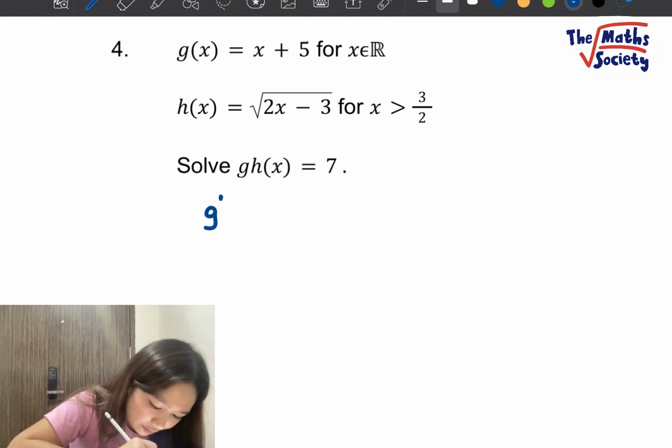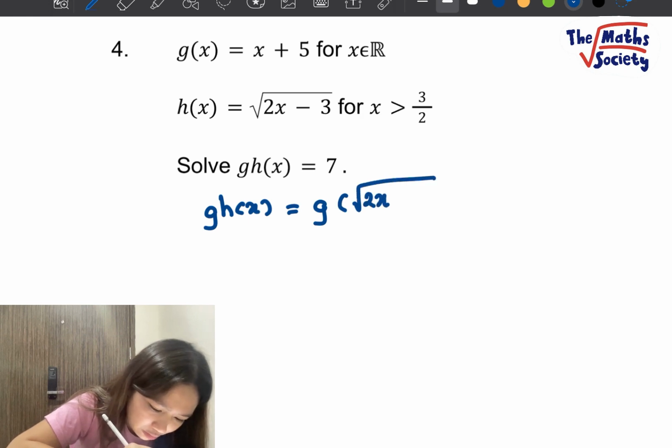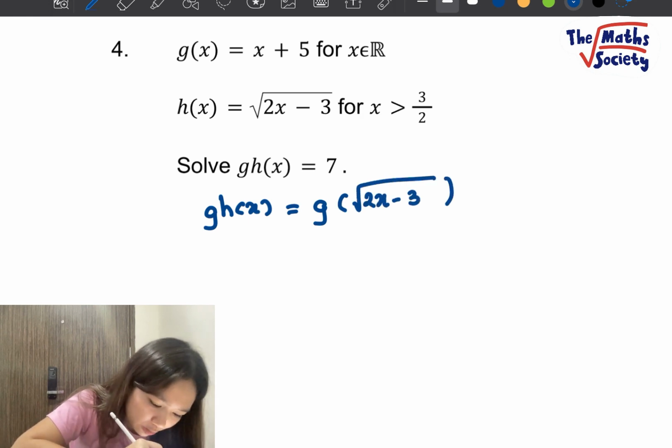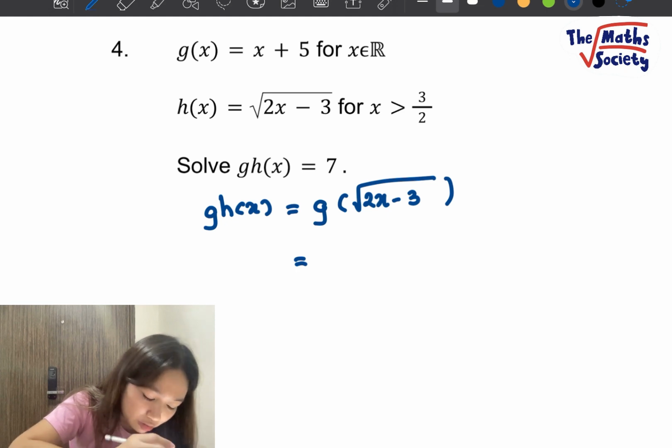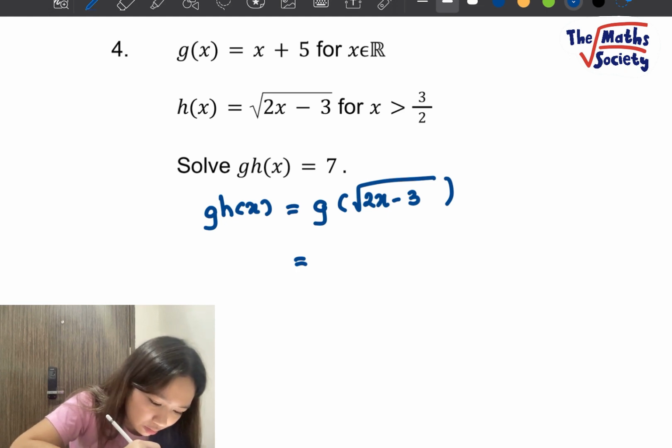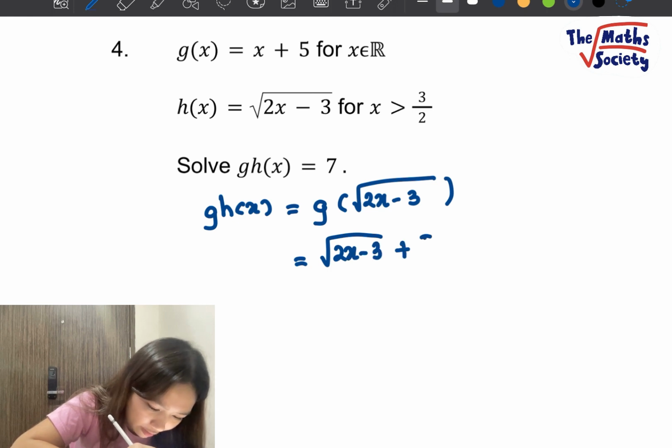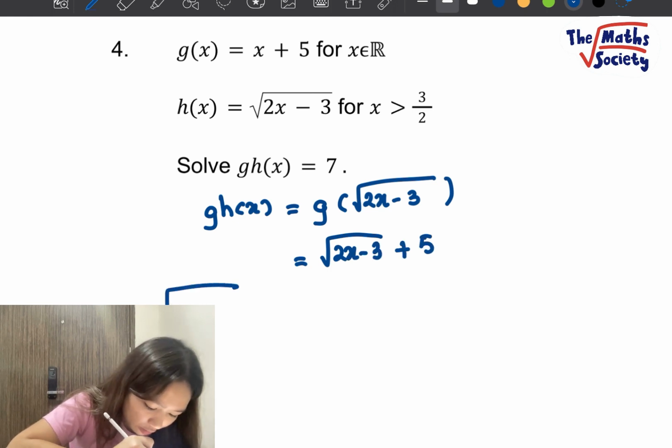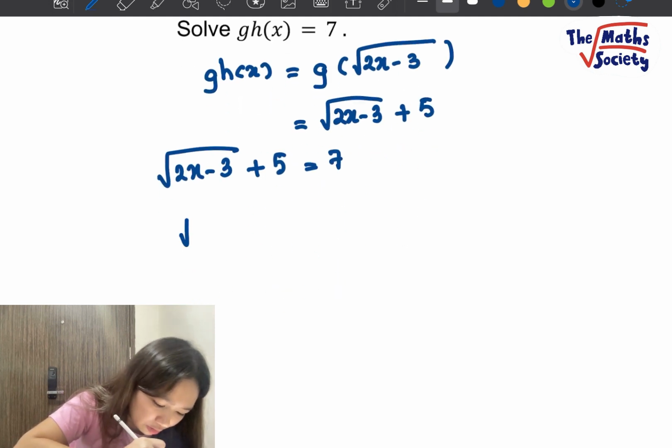So g of h of x will be equal to g function here, and then h of x is just square root of 2x minus 3, and I'm going to substitute it in my g function. So that will give me square root of 2x minus 3 plus 5. Then square root of 2x minus 3 plus 5 has to be equal to 7, and I'm going to move things around.